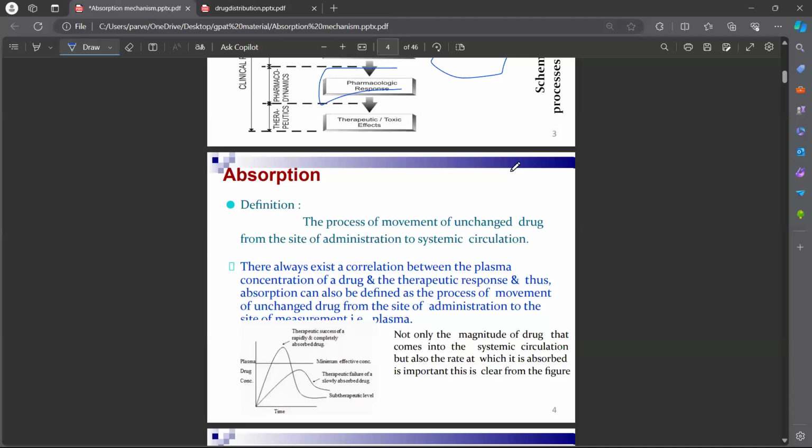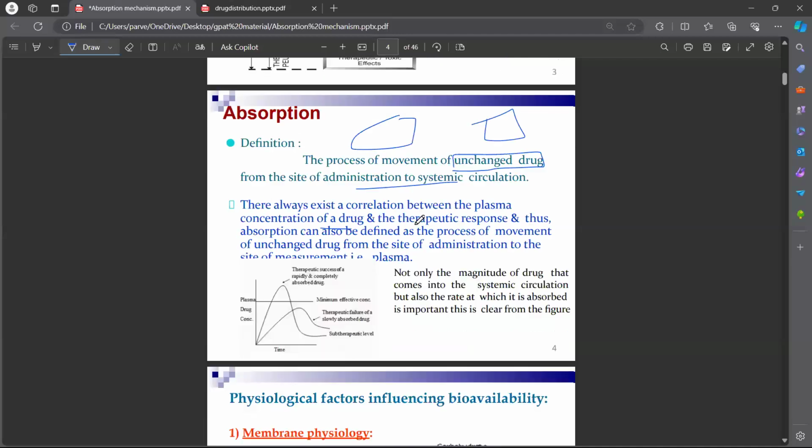Now let us talk about absorption. Absorption is the process of movement of the unchanged form of the drug from the site of administration to the systemic circulation. There always exists a correlation between the plasma concentration of the drug and the therapeutic response, and thus absorption can also be defined as the movement of the unchanged form of the drug from the site of administration.